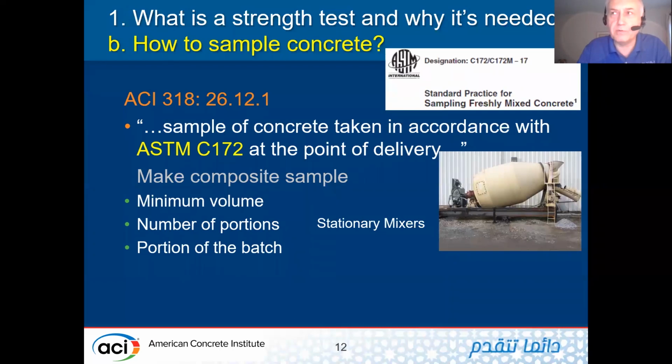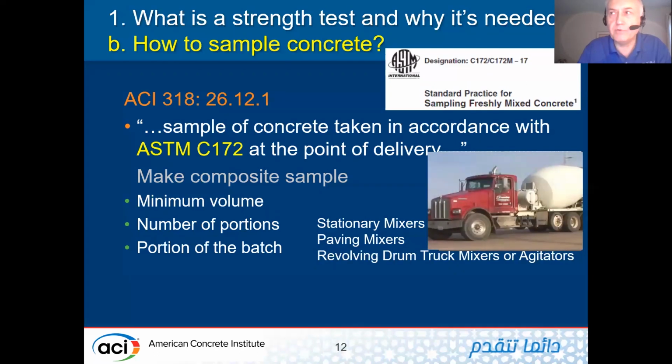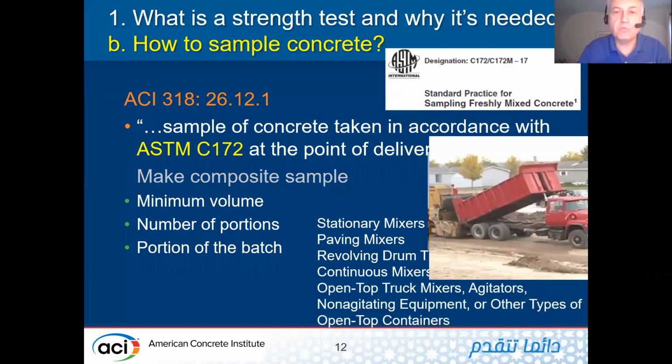So the standard talks about stationary mixers, paving mixers, revolving drum truck mixers and agitators, open top truck mixers, continuous mixers. Depending on the mixer, it will tell you that you may need to take just one portion for sampling, or maybe 2 or more portions, and whether you are allowed to take it from the beginning, end, or middle of the batch.